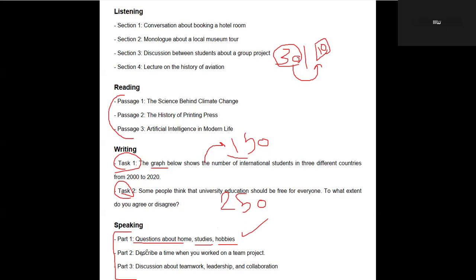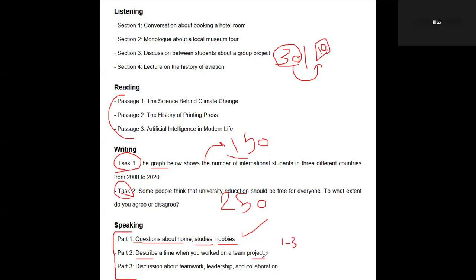Second part, you have to describe a time when you worked on a team project, for example. And the examiner tells you, Abdurrahman, I would like you to describe a time when you worked on a team project. This task could go from 1 minute to 2 or 3 minutes, up to the examiner in front of you.